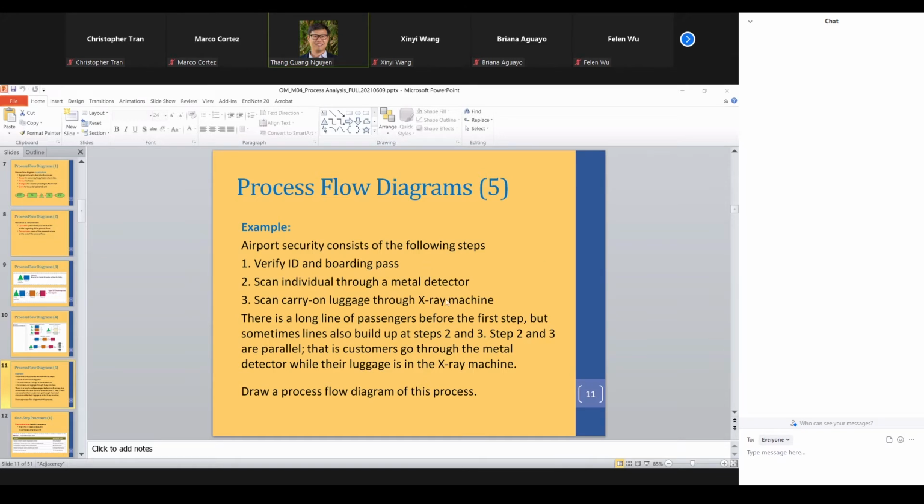Somebody will verify your ID and the boarding pass, right? And then you need to go through the metal detector, and then finally you need to get your luggage through some X-ray machine, right? So that's the process that we talk about.